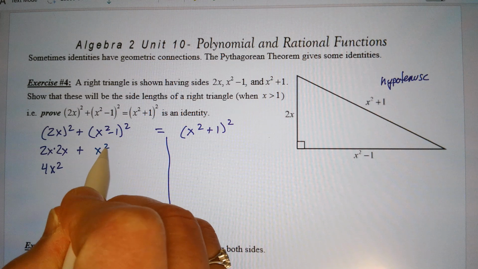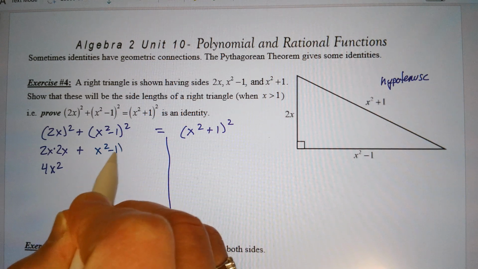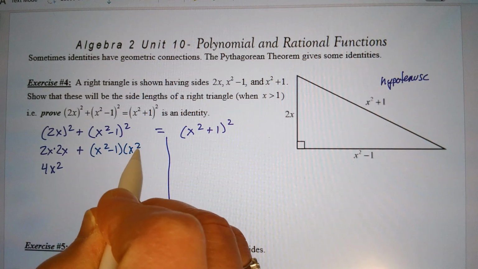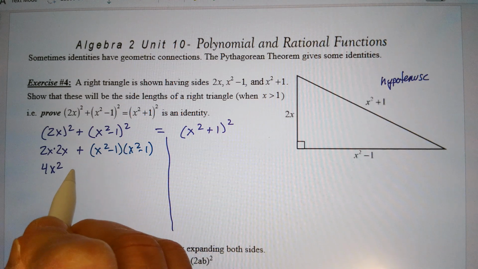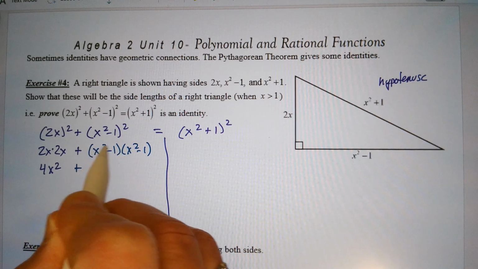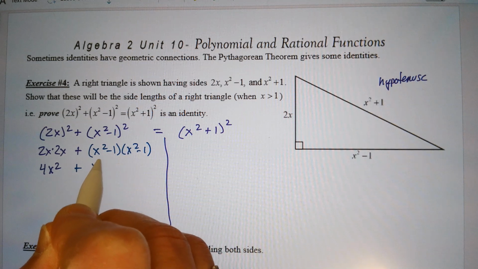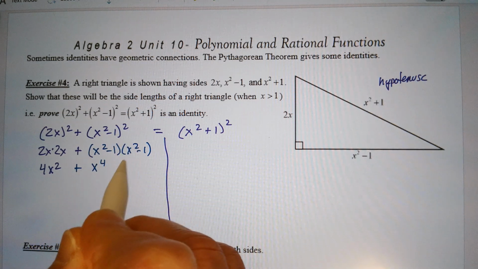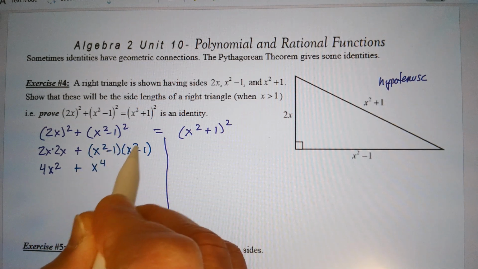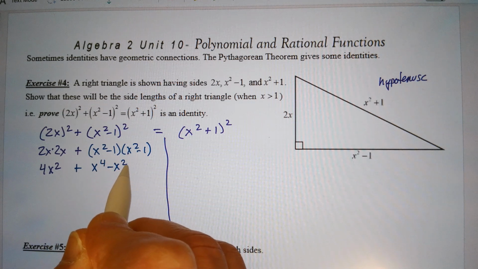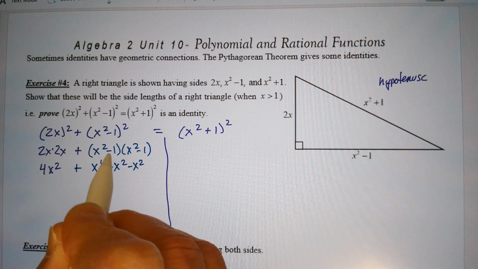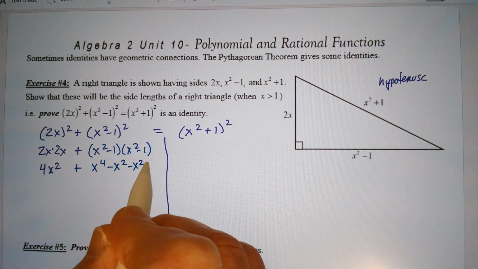X squared minus 1 squared means x squared minus 1 times x squared minus 1. Doing the double distribution, x squared times x squared is x to the 4th. X squared times negative 1 is negative x squared. Negative 1 times x squared is negative x squared. And negative 1 times negative 1 is positive 1.